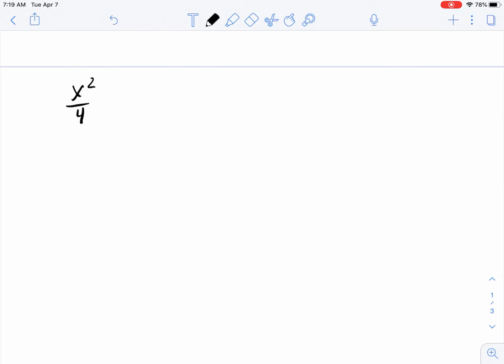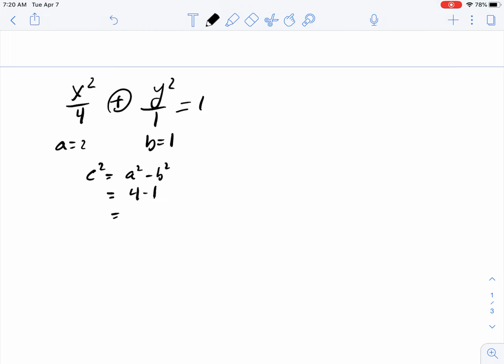Let's say x squared over 4 plus y squared over 1 equals 1. My A is 2, my B is 1, and therefore my C, now remember it's always the opposite, is A squared minus B squared. So 4 minus 1, C would be root 3.